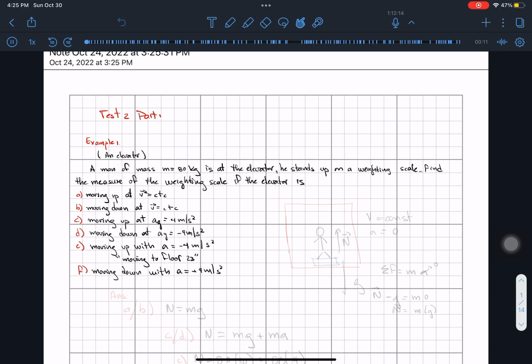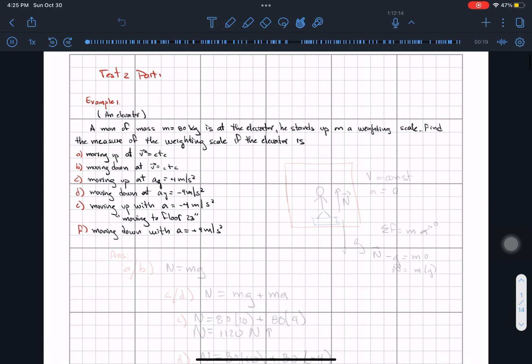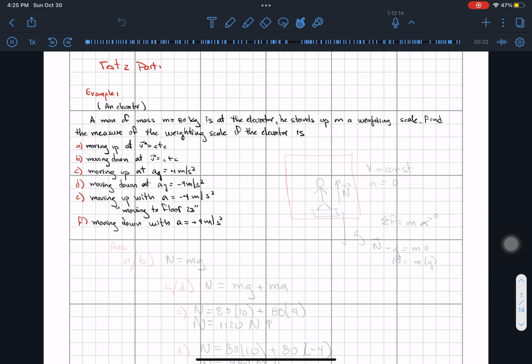He stands on a weighing scale, and they're asking us to find the measure of the weighing scale if the elevator is, first of all, moving up, moving down, moving up with certain acceleration, moving down with certain acceleration, moving up with a negative acceleration, and he's moving to the 23rd floor, and also moving down with a positive acceleration. Okay, let's first draw the situation that they're describing on this problem.